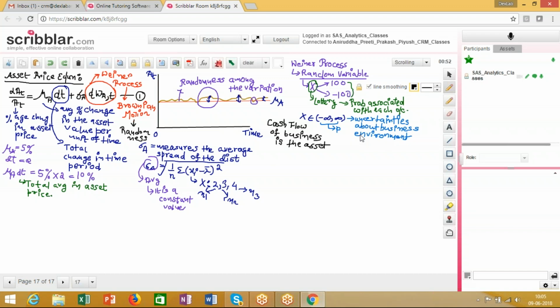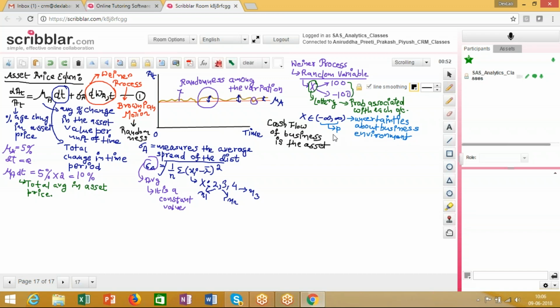Therefore, if I want to understand how the cash flow of the business is evolving over time, I need to have an idea about the average growth of the cash flow, the average dispersion, and the impact of the dispersion due to the uncertainty in the business. So it is this uncertainty in the business which is being captured by this variable, the W(t), or the Wiener variable, or the Wiener process.